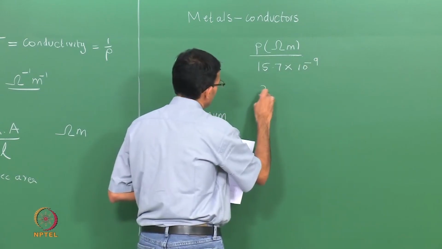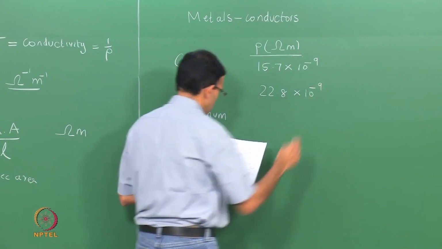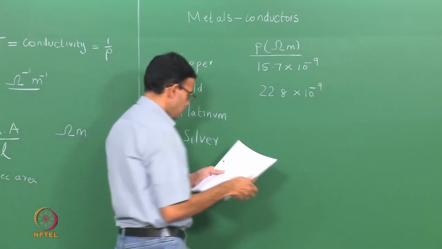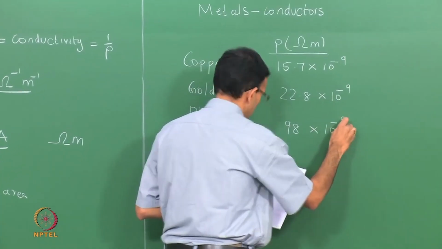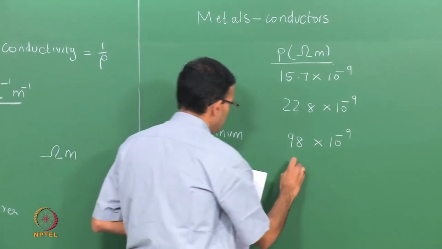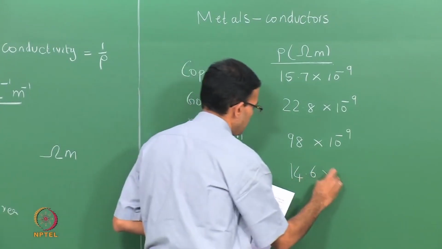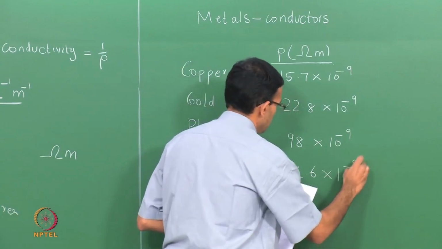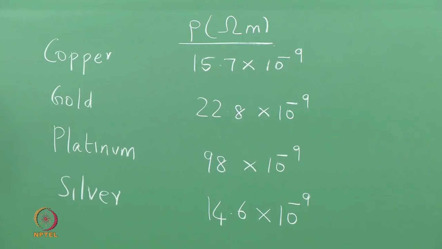For gold, it's 22.8. 10 to the minus 9 is common for all four. Platinum is slightly higher, it's 98. Silver is actually a better conductor than copper, but silver is also expensive. So, when we look at metals, we have resistivity of around 10 to the minus 9 ohm meter.